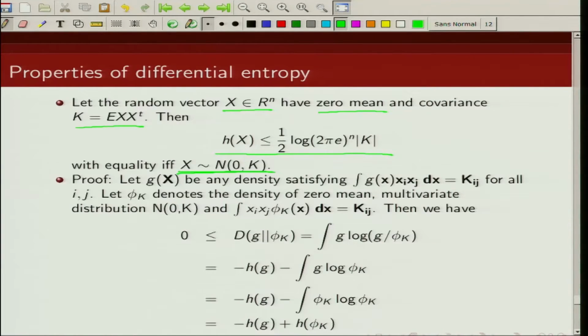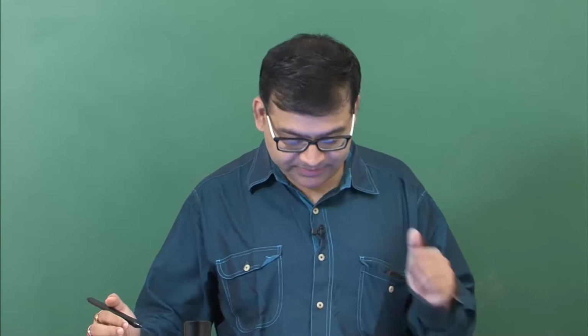So if x is a random variable with 0 mean and covariance matrix K, it is the multivariate Gaussian distributed random variable which will have the maximum differential entropy. If you recall its counterpart, in case of a discrete random variable, it is the uniformly distributed random variable which will have the maximum entropy.